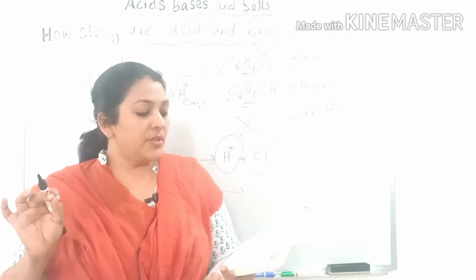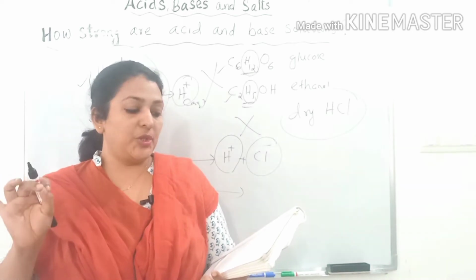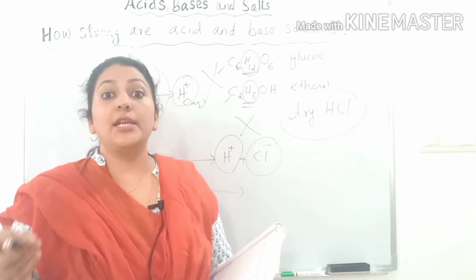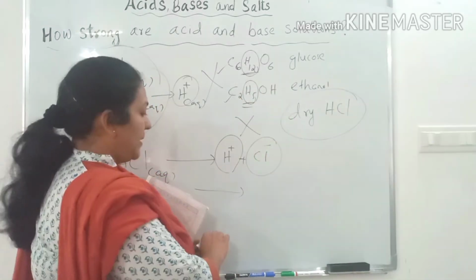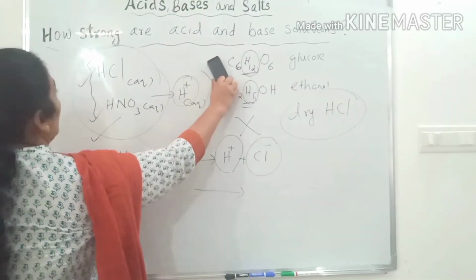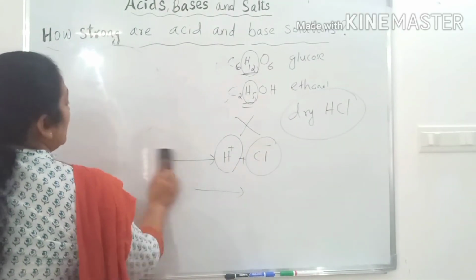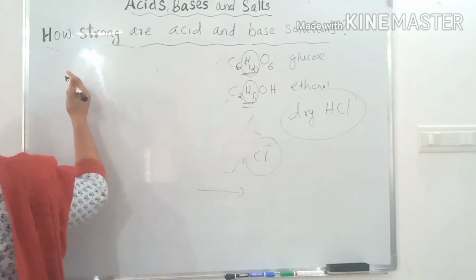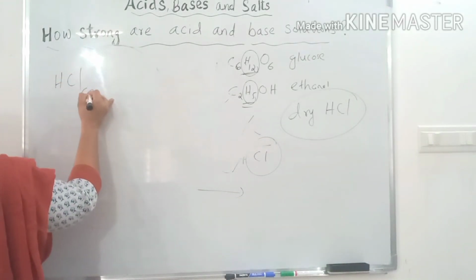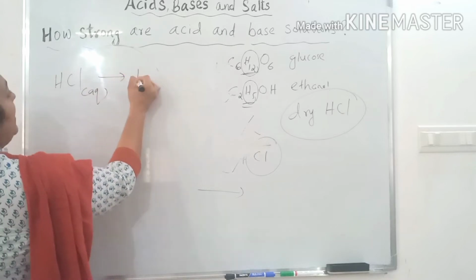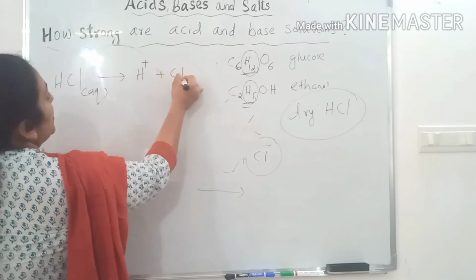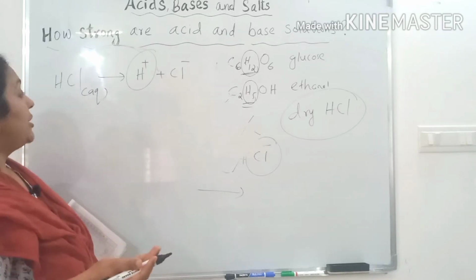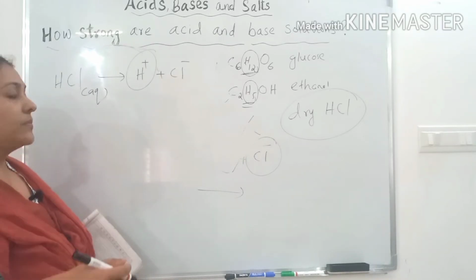Question number 5. How is the concentration of hydronium ions, H3O plus ions, affected when a solution of an acid is diluted? What is H3O plus? We know that when an acid in presence of water, any acid in presence of water, releases H plus ions, isn't it?